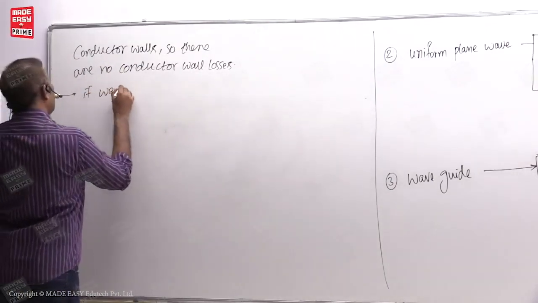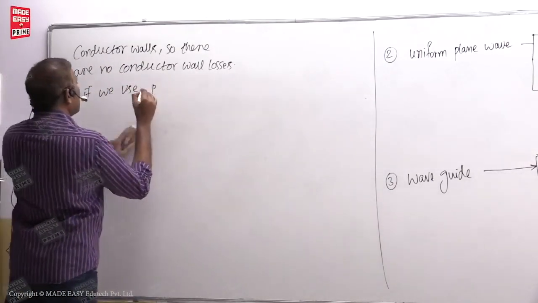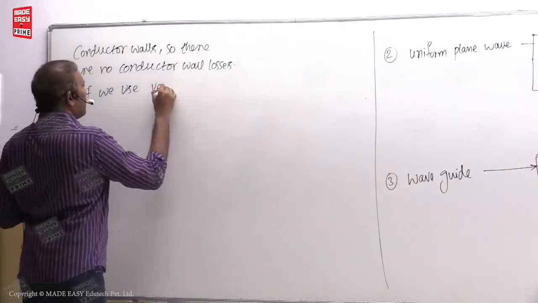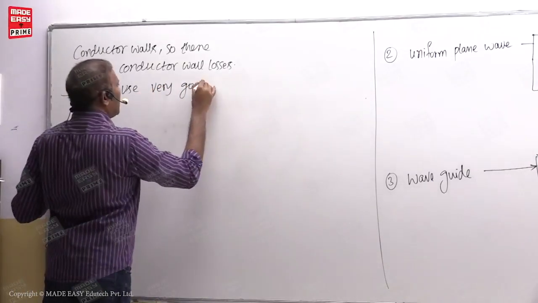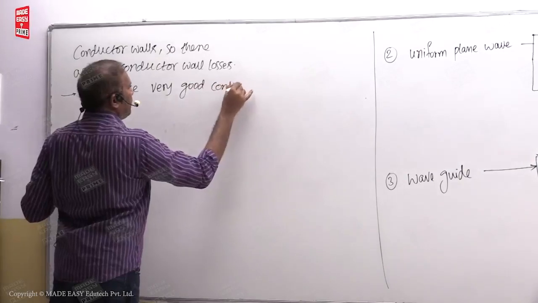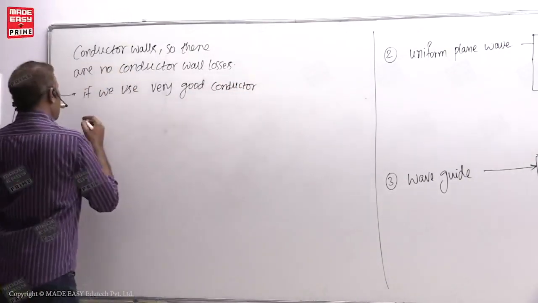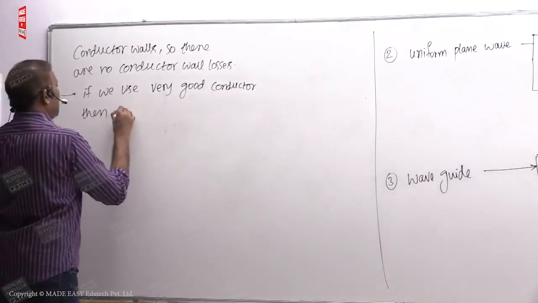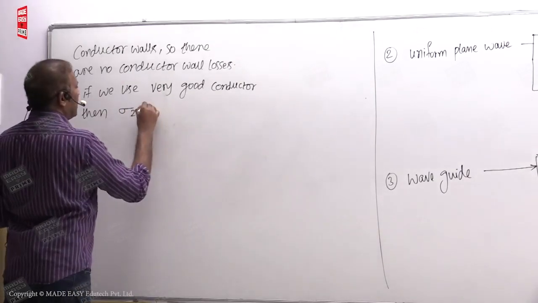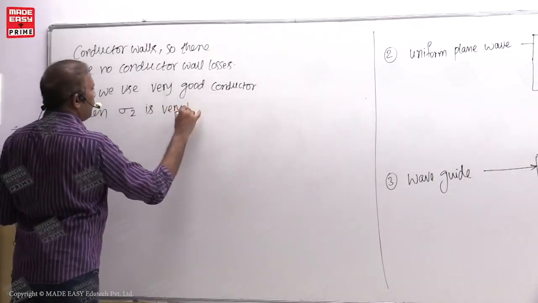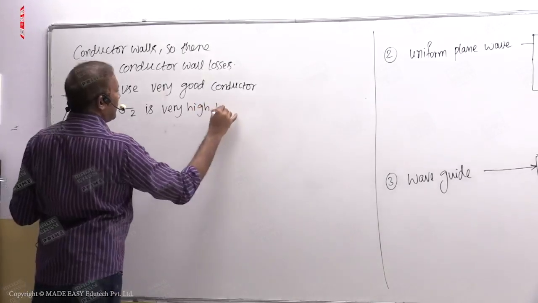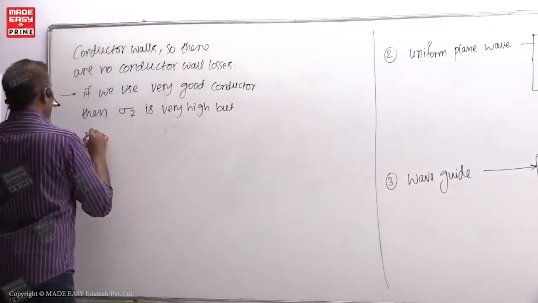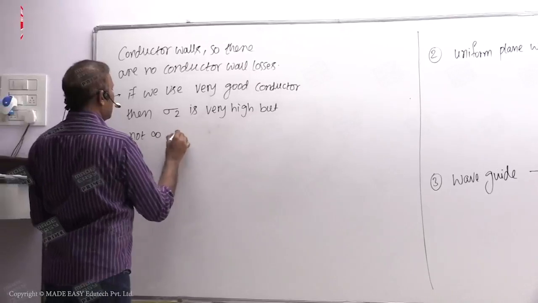If we use a very good conductor, then sigma is very high but not infinity.